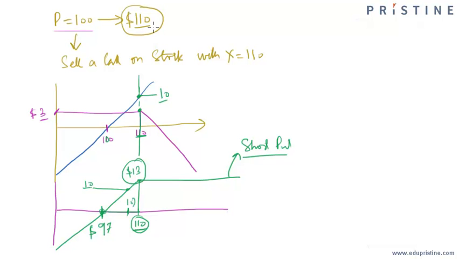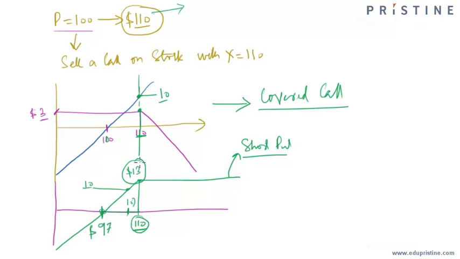In those cases, to increase your return, you will sell a call on the underlying with a strike price of your extreme limit of the stock price. So here the extreme limit was $110. All right, so this resultant strategy is called a covered call.